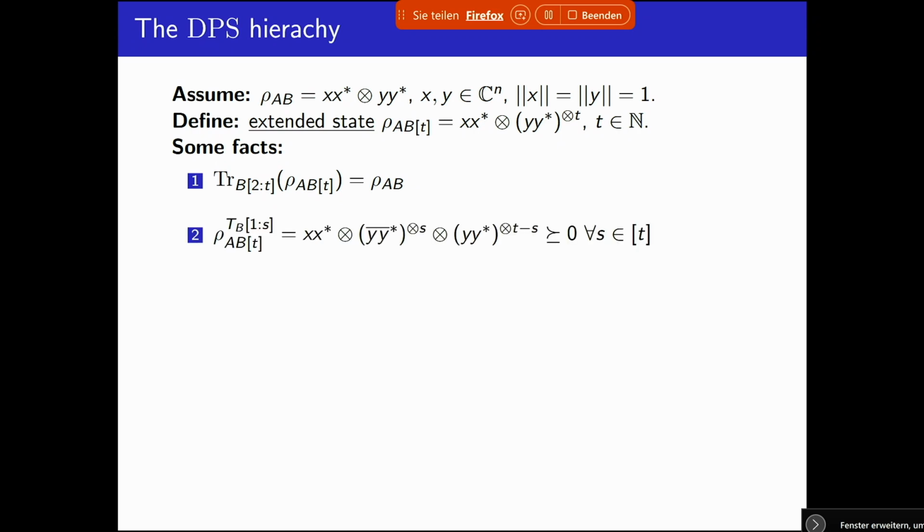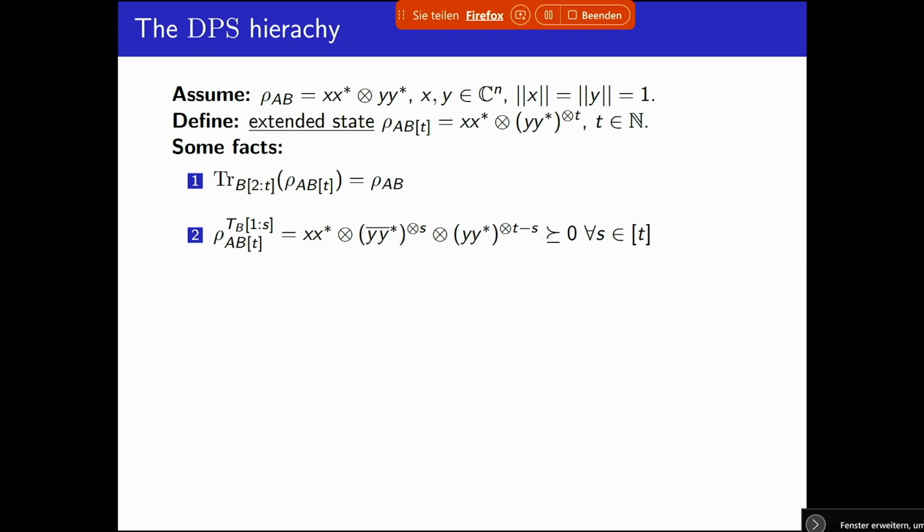Then the second condition is, similarly to the partial trace, there is the partial transposition. If we take the partial transposition of this extended state in the first S registers, so this notation means we are taking the transposition in the first S registers of the B system, then this is precisely what happens.